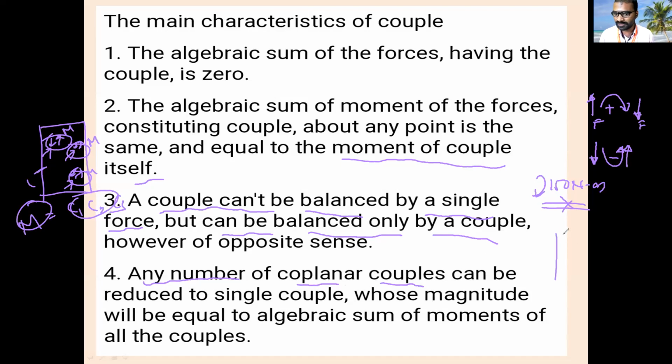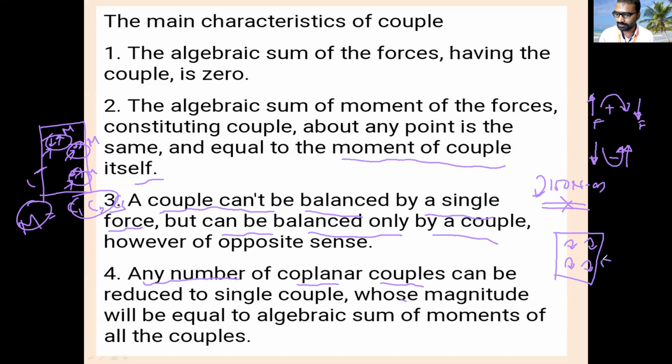If you consider this one plane, there is one couple, another couple, another, and another. How many couples are there? 4. Any number of coplanar couples can be reduced to a single couple. How can we make it single? Whose magnitude will be equal to the algebraic sum of moments of all the couples.